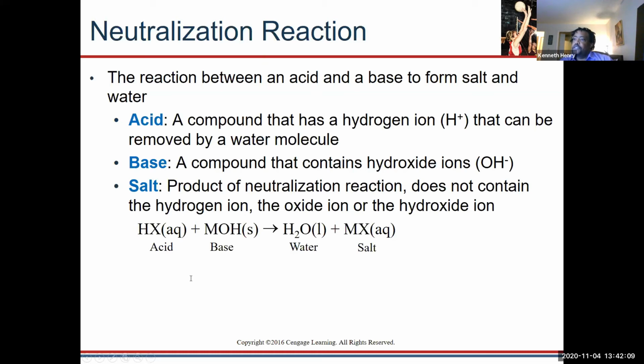If I have hydrochloric acid reacts with sodium hydroxide.